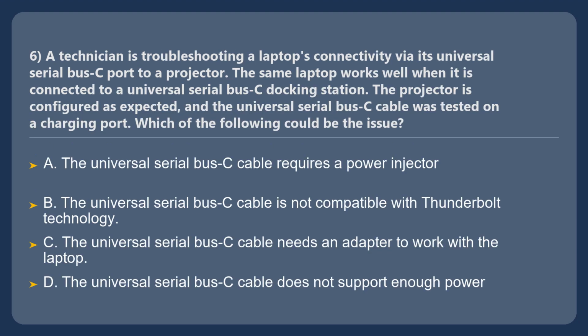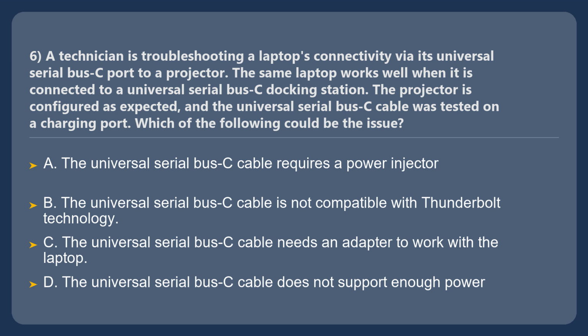Question 6. A technician is troubleshooting a laptop's connectivity via its universal serial bus C port to a projector. The same laptop works well when it is connected to a universal serial bus C docking station. The projector is configured as expected, and the universal serial bus C cable was tested on a charging port. Which of the following could be the issue? Option A, the universal serial bus C cable requires a power injector.